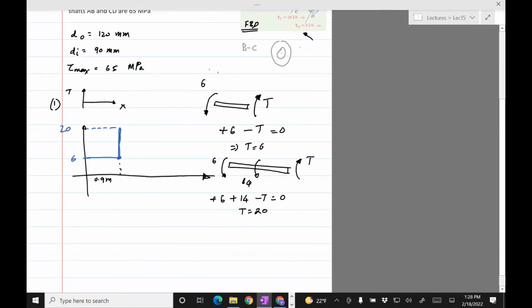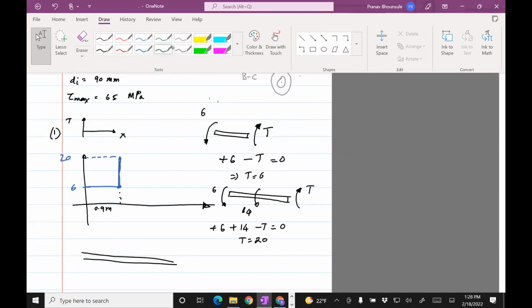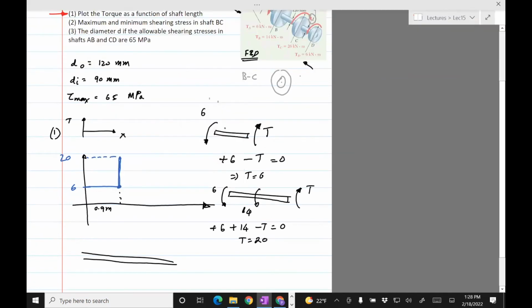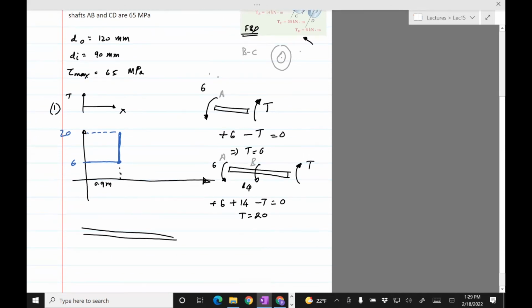Write the equations of equilibrium, the shaft. Let me write these values here, it'll be easier when you refer to it. So that's A, this is B. So let's put A, B, C, and then show the torques there. 6, 14.